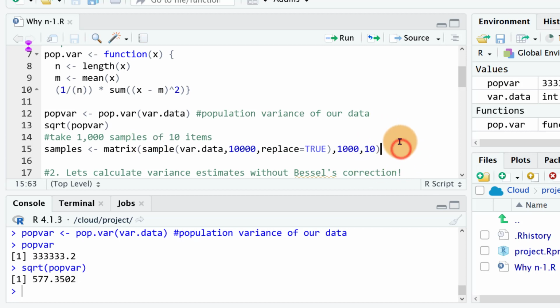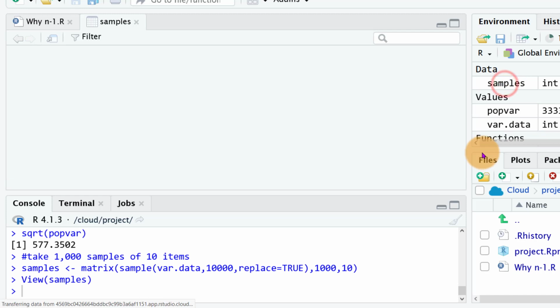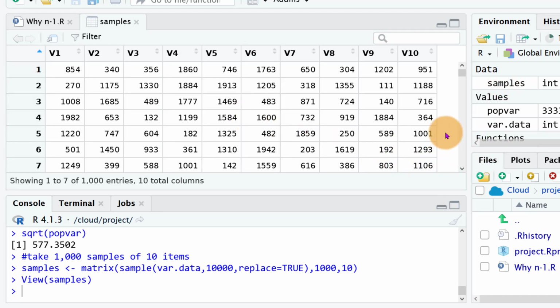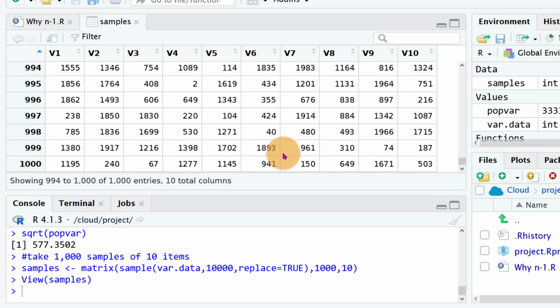So let's hit Control Enter there, and now we have our samples, and let's just click on that so you can get a feeling for what we're talking about here. So here we have 1,000 rows of 10 observations. So here's our first sample of size 10, 854, 340, 356, etc. And we can scroll all the way down to our 1,000th sample of 10 observations.